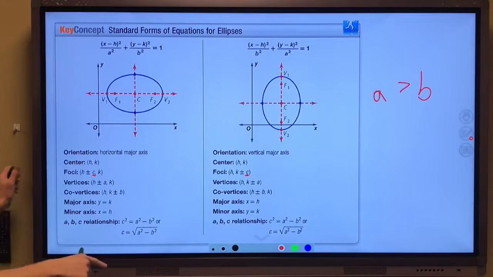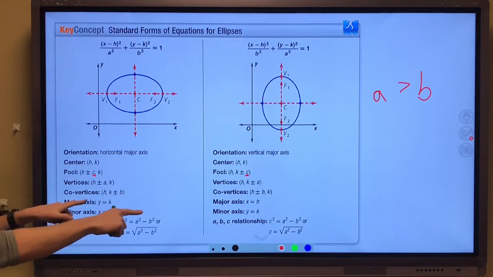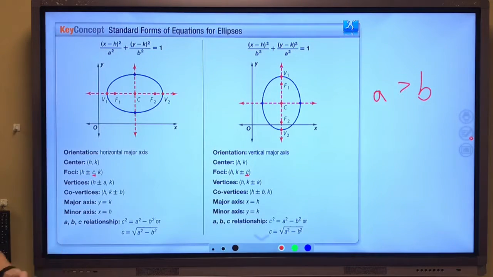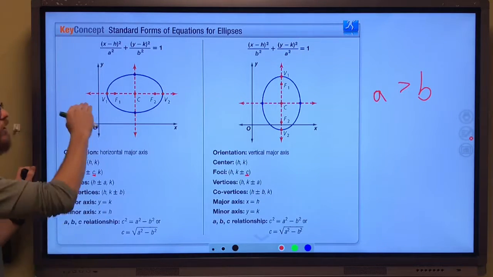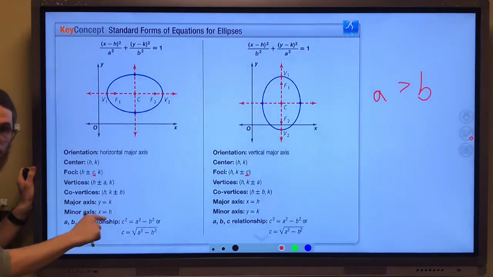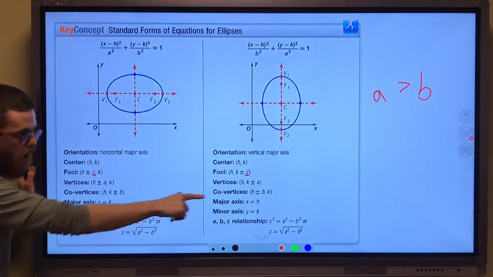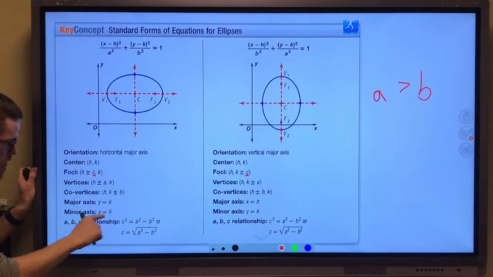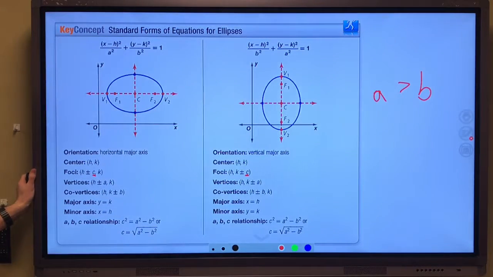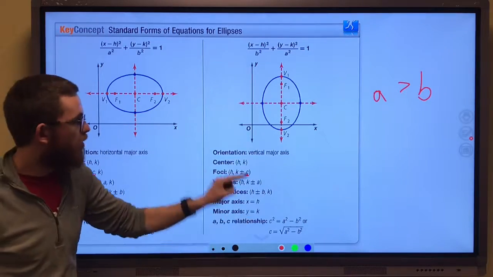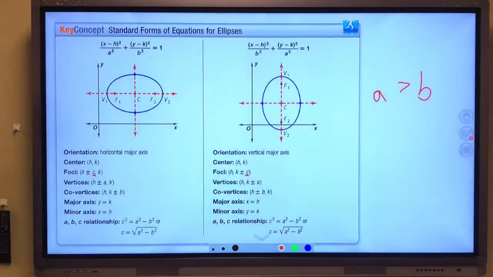The co-vertices are very similar, but b is affecting the co-vertices because b is affecting the minor axis. The major axis here is horizontal, so it's y equals the y coordinate of the center, and opposite over here. The minor axis in this case is vertical, so it's x equals h. Over here, the minor axis is horizontal, so it's y equals k.